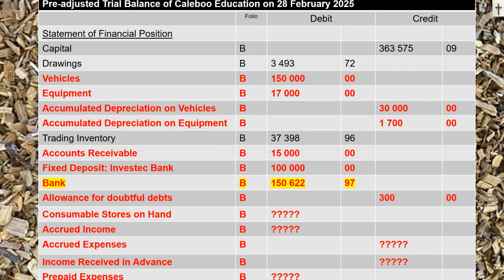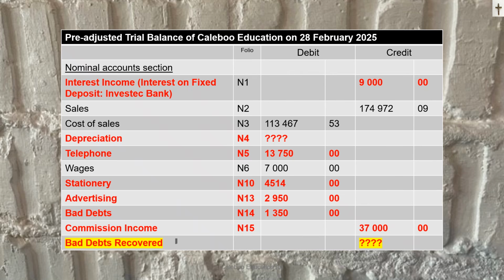Now what will happen is our bank balance will increase because we're receiving cash from the student, and when we receive income or cash from a debtor who has already been written off, we open up an account called bad debts recovered, and bad debts recovered is an increase in income, so it will be credited, and we know the amount is 1,000.